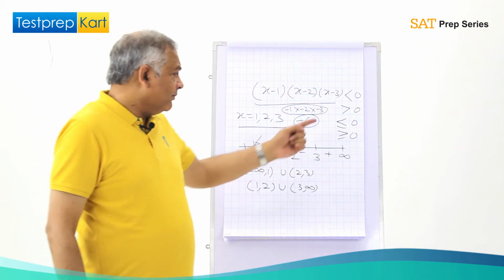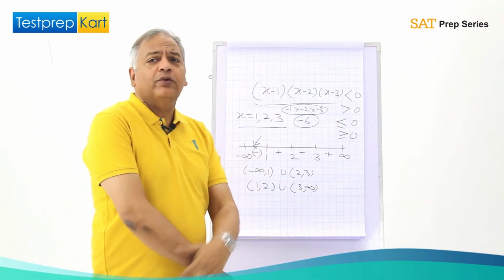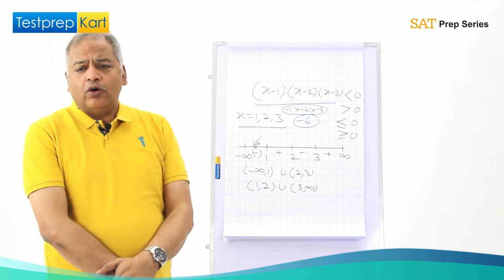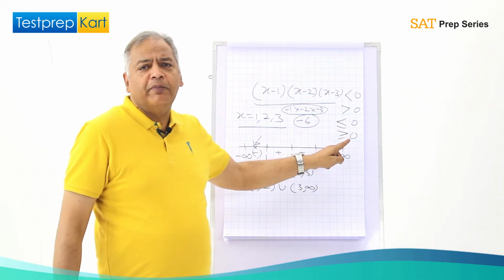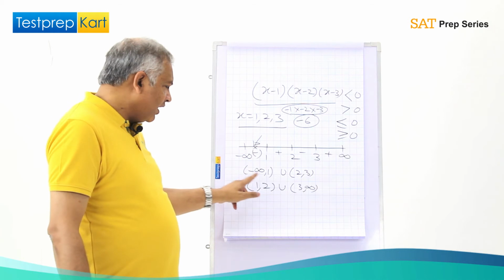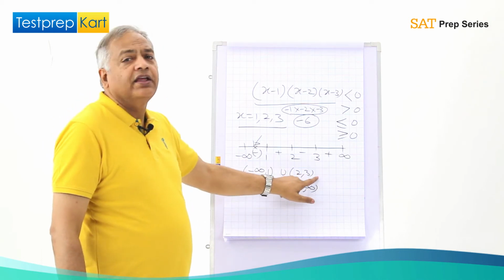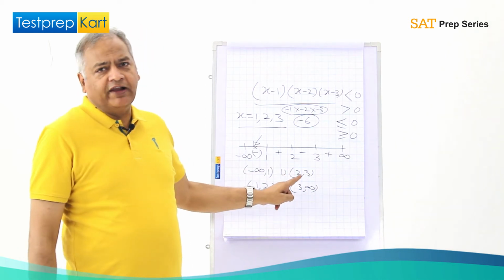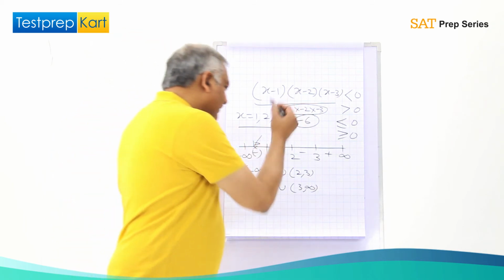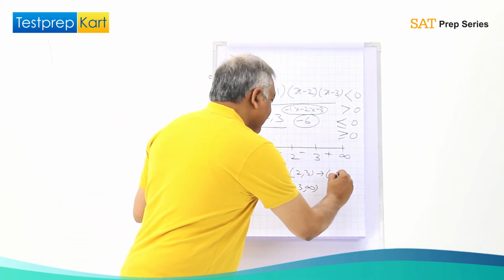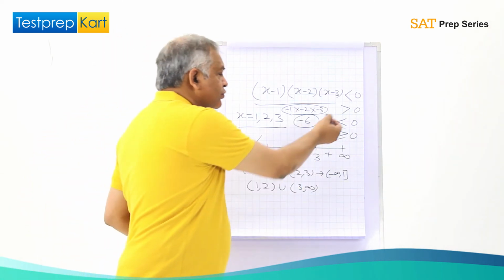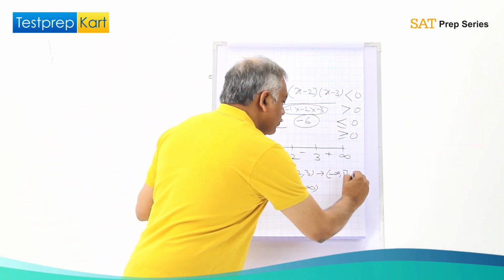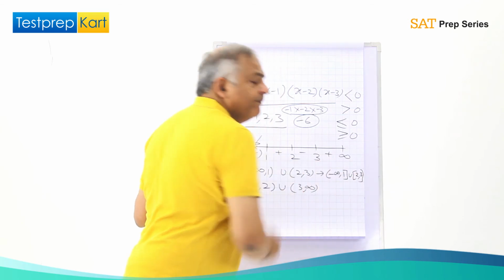Now, what will be the answer if it's less than or equal to 0, or greater than or equal to 0? The only difference is that the points 1, 2, and 3 will be closed ends of the intervals. So, if it's less than or equal to 0, my answer will be negative infinity to 1, closed this time because 0 is also allowed, union 2 to 3, again closed interval.